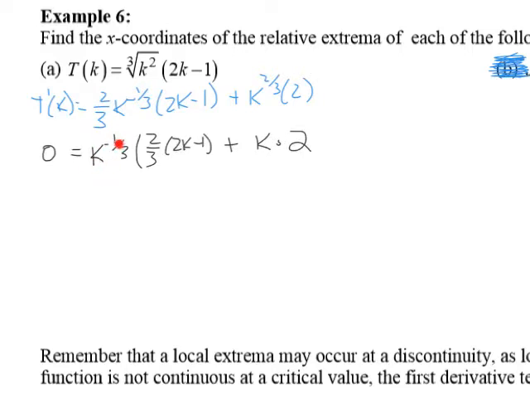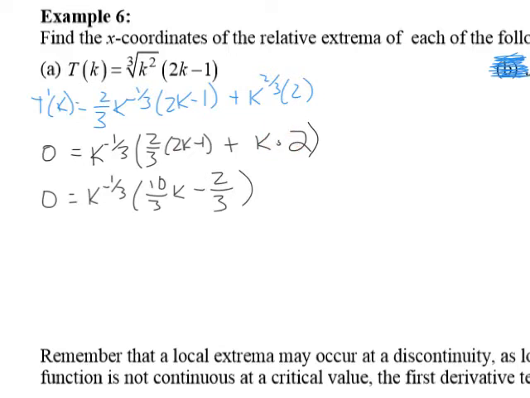Because k to the negative 1/3 times k is k to the 2/3. So from there we can simplify k to the negative 1/3, and we get 10/3 k minus 2/3. We get the 10/3 k from combining this with this.